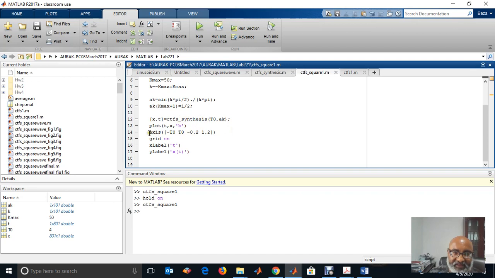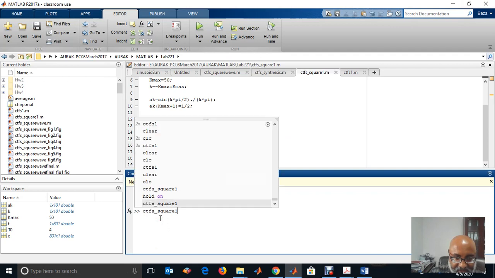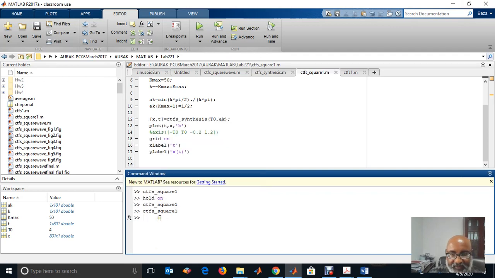And you call the same function and you try to plot the graph. By the way, the axis limits you can remove. Sometimes it may clip the graph because I forced it here. I made it from minus T naught to T naught, from minus 0.2 to 1.2. So if you like, you can remove this. For example, here I close this and I call the function again.